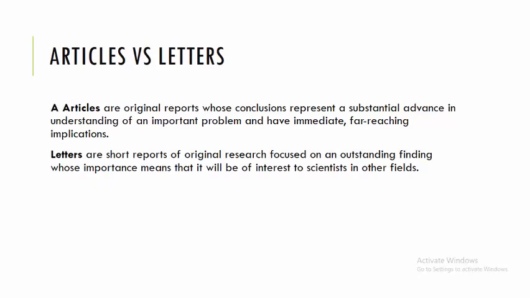Articles are original reports whose conclusions represent a substantial advance in understanding of an important problem and have immediate far-reaching implications. And letters are short reports of original research focused on outstanding findings whose importance means that they will be of interest to scientists in other fields.